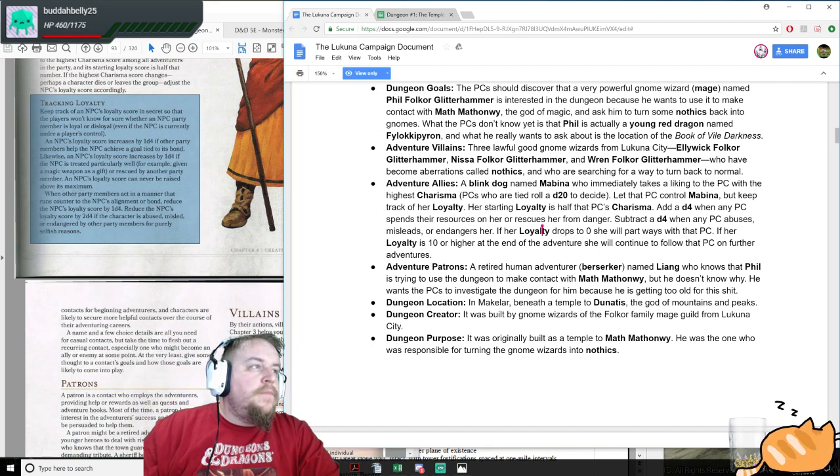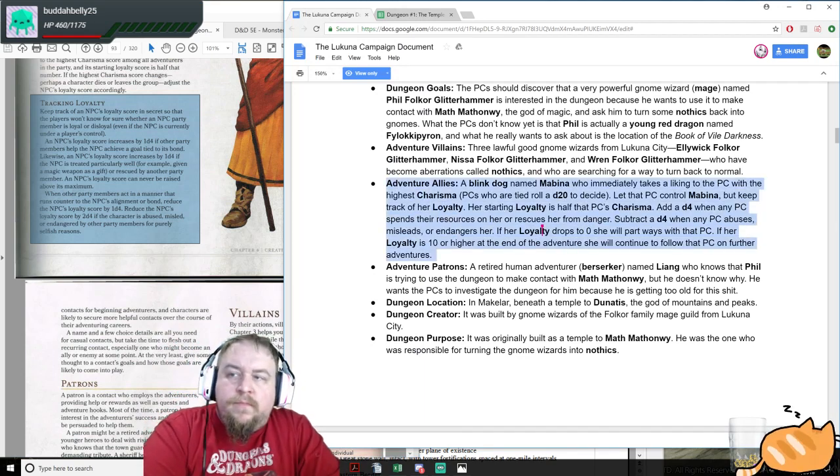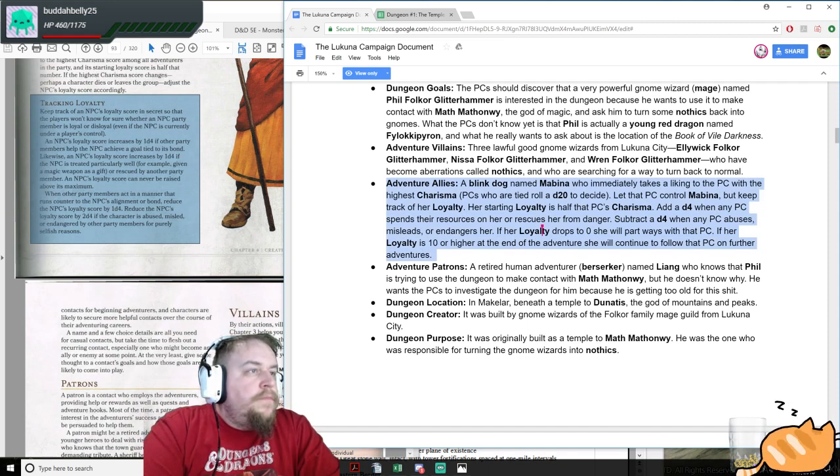So whenever any PC in the party, not just Granny, spends their resources like spells or potions or whatever on Mabina, you can roll a d4 and add it to her starting loyalty. So you do roll a d4 and add it to 8 to represent her gratitude. And if any PC in the party abuses, misleads, or endangers her, you would subtract a d4 to show her disapproval.